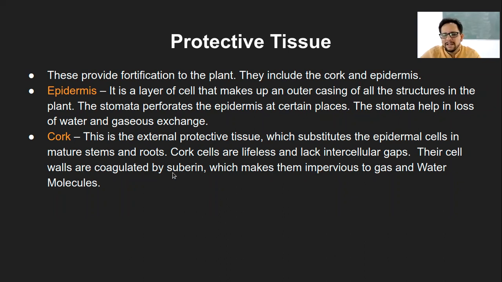Something similar is there in terms of molecular content, and that gives a harder texture to these dead epidermal cells, the cork cells, which makes them impervious to gas and water molecules. So that is epidermis and cork.